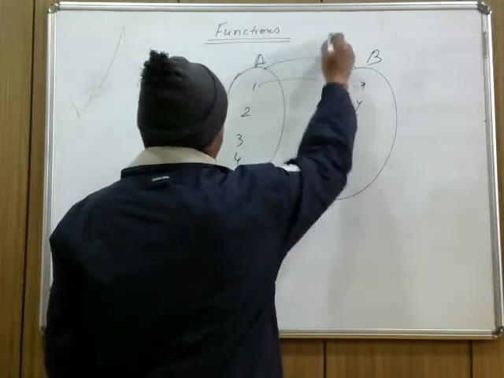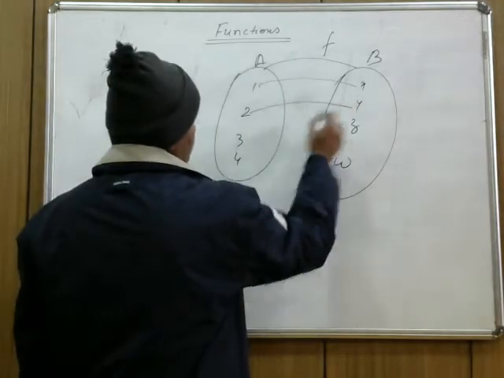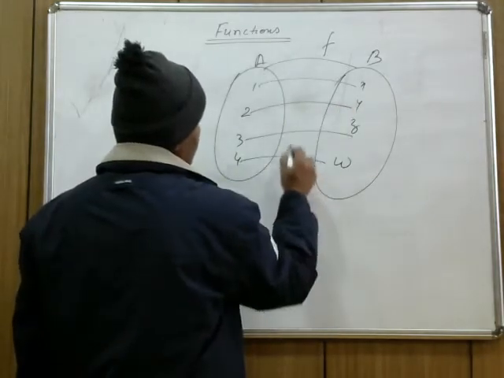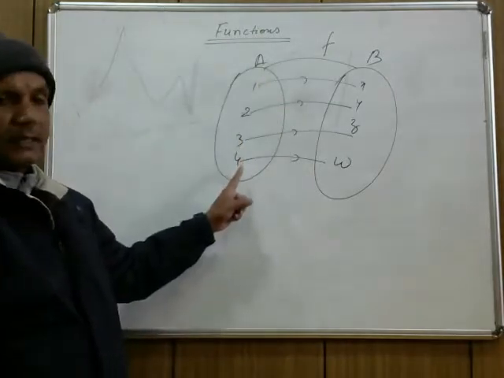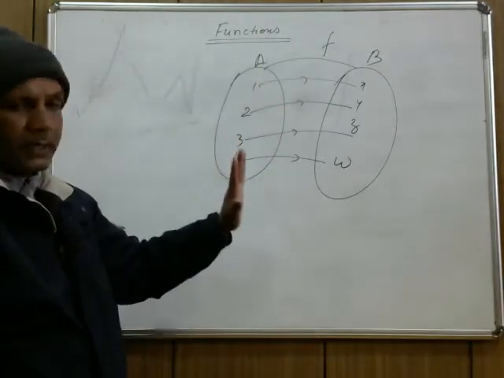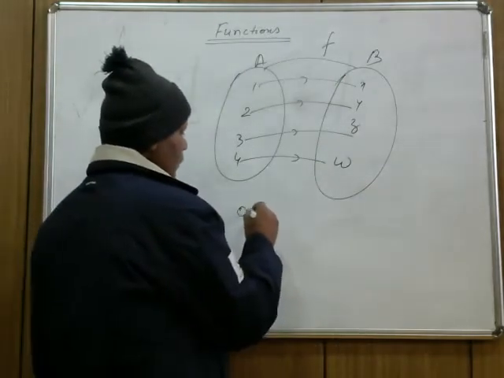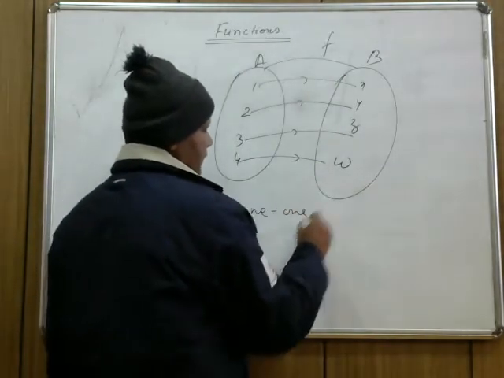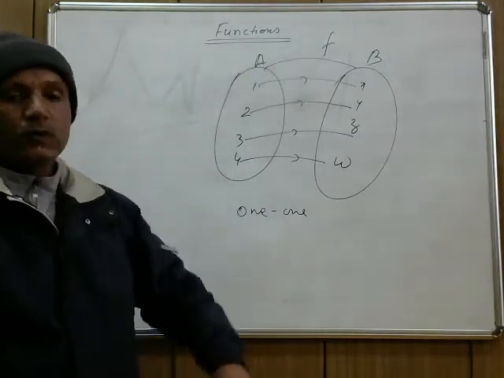F is a rule applied from set A to set B. 1 has the image x, 2 y, 3 z, 4 w. Each and every element of set A has a unique image in set B. That's why it is a 1-1 function. Not only 1-1, this is also an onto function.